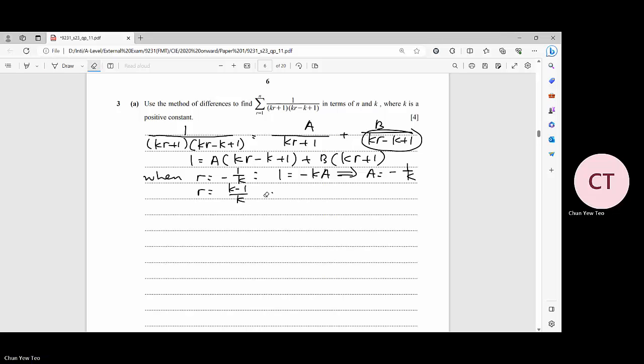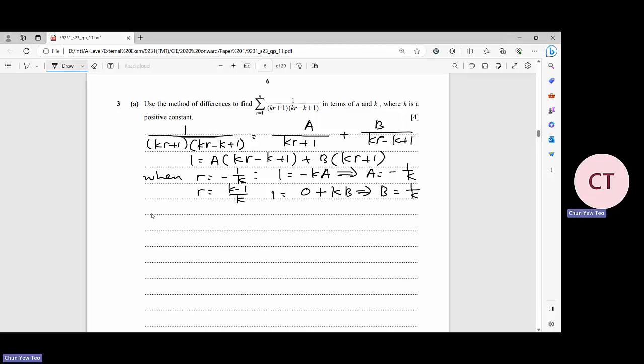Then substitute in. You will get 1 equals, this will become 0 now, plus k minus k plus 1, so it's kB. Then I get B is equal to positive 1 over k. Okay, so once you have A and B already, just put them inside.